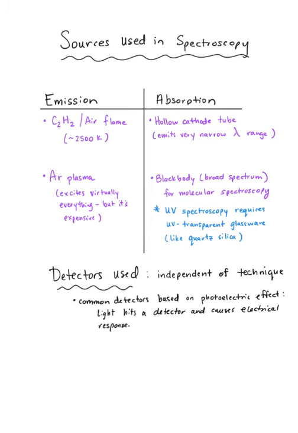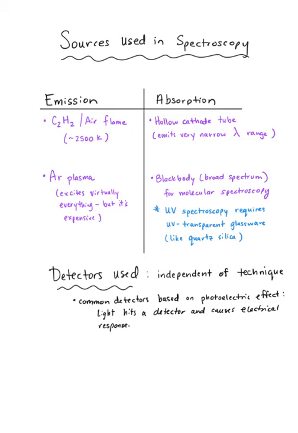Common detectors operate on the basis of the photoelectric effect, which you probably remember from general chemistry, says that when light hits material, it can cause electrons to become mobile. When light hits a detector and causes some electrical response, we can register that response as, say, a voltage that can be used to track signal intensity.